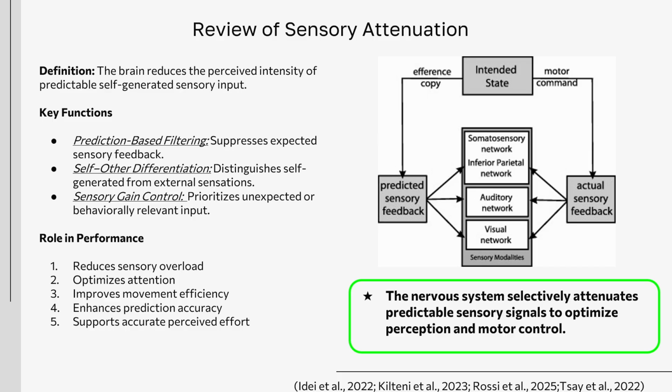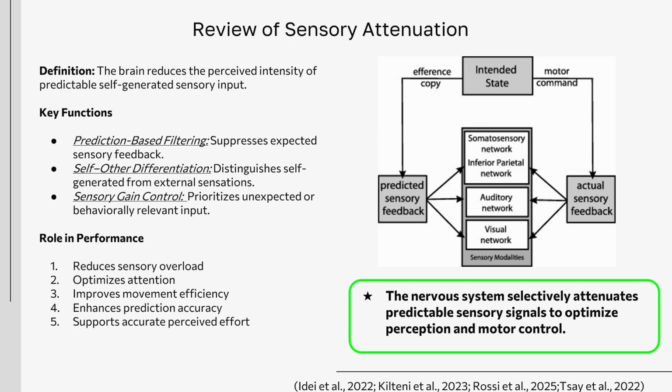When sensory attenuation is impaired, more things are prioritized as unexpected and behaviorally relevant. That is why it attempts to update the internal model, and that is where increases in perceived effort come from.